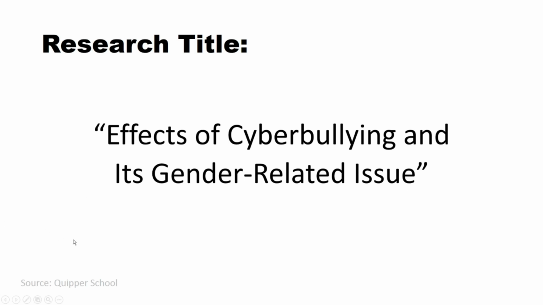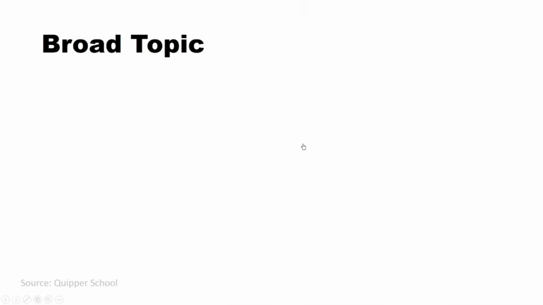I came up with a source for this text, so you can just read it here. Tandaan nyo kung anong title niyan, and I'm going to show you examples of how to create a literature review. Although the examples are not that long, the most important thing is you will get the idea of how to create your own literature review.